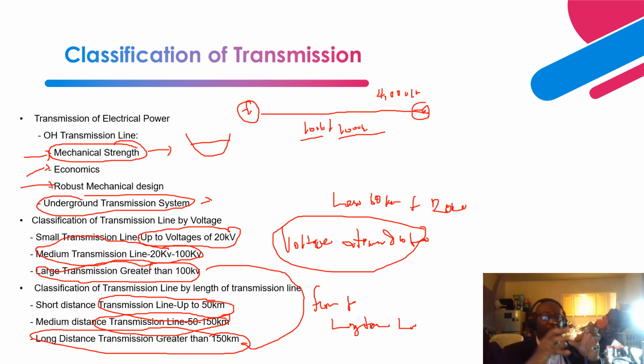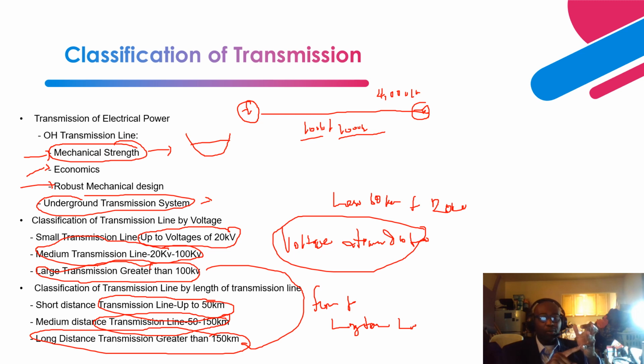So we have three classes of transmission line classification. The first is short distance, based on a transmission line length of less than 50 kilometers plus line voltages of up to 20 kV.